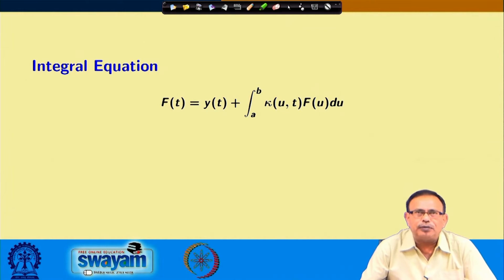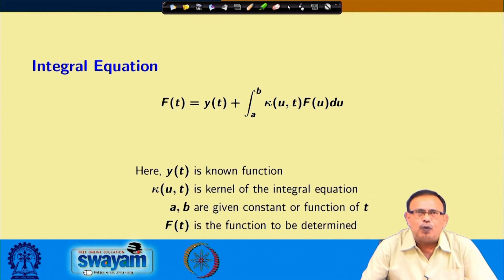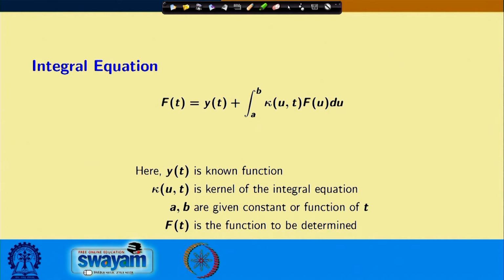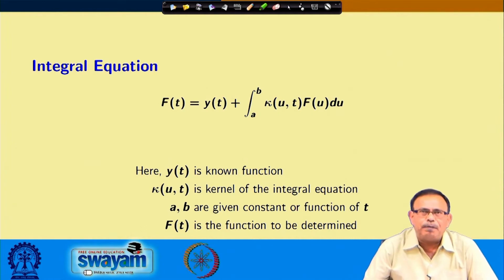So, please note that f(t) equals y(t) plus integral from a to b of k(u, t) f(u) du is known as an integral equation, where y(t) is a known function, k(u, t) is the kernel of the integral equation, a and b are given constants or they may be functions of t also, and f(t) is the function which we have to determine. Please note that the function f(t) is coming inside the integral sign, and then only we call it an integral equation.